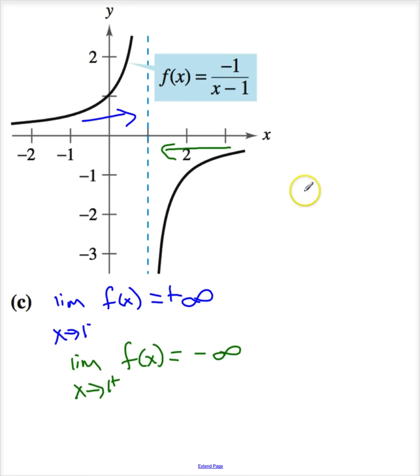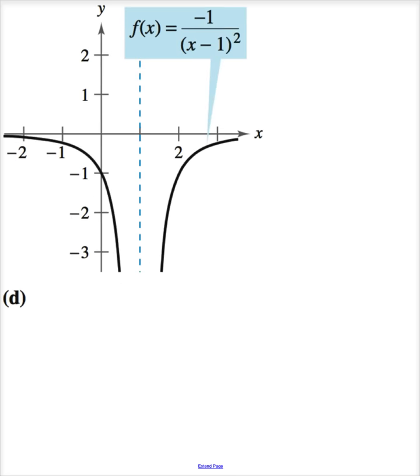So you see very small changes in the function drastically change our answer. And in this example right here, the limit as x approaches 1 of f of x is negative infinity, because this function decreases without bound on both the right and the left side.